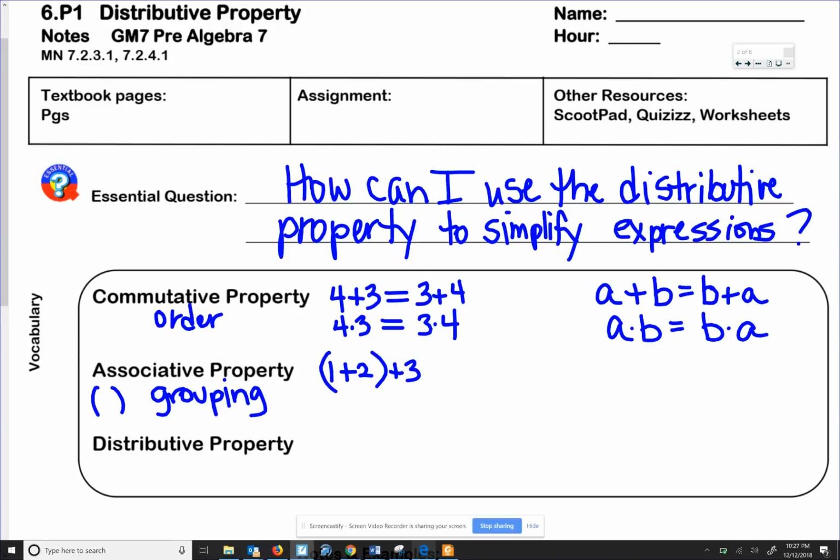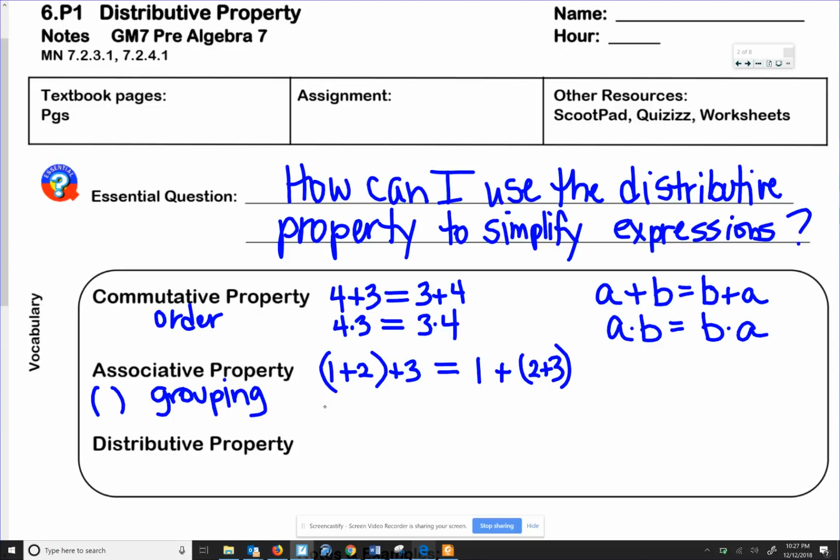Okay, now the parentheses mean do those ones first. 1 plus 2 is 3. 3 plus 3 is 6. What if I had the same order, 1, 2, and 3, but I put the parentheses around the 2 and the 3 instead? This says take 1 plus the value of 5. You still get 6 for your answer. The value remains the same.